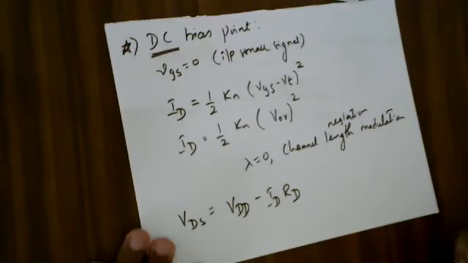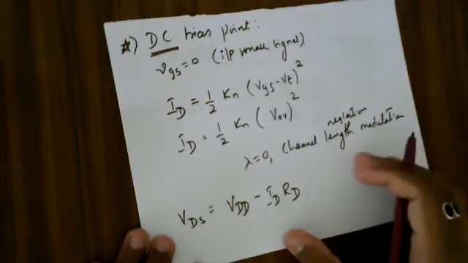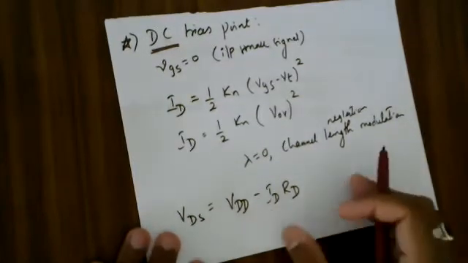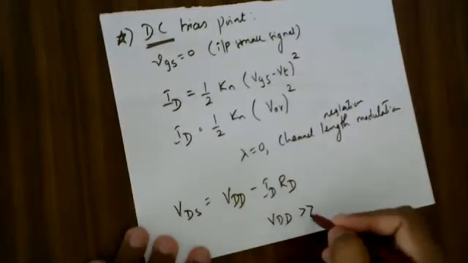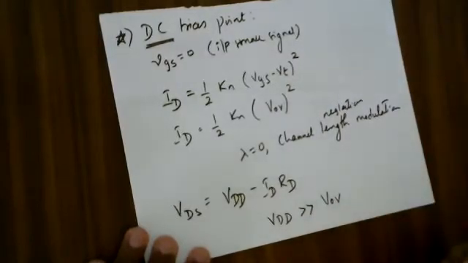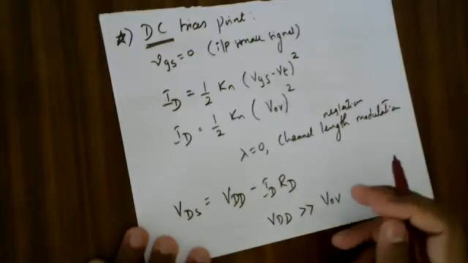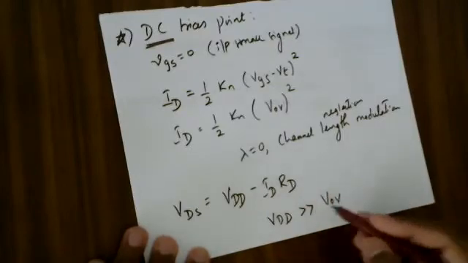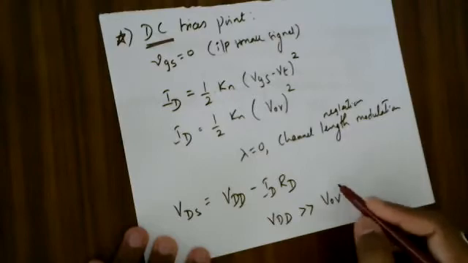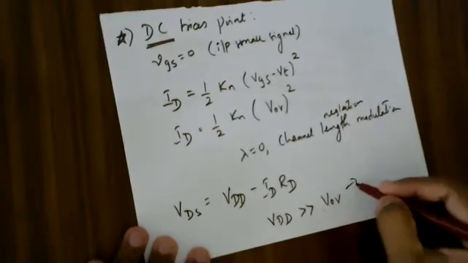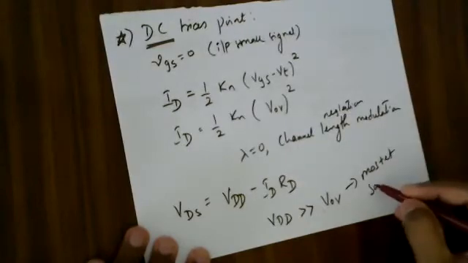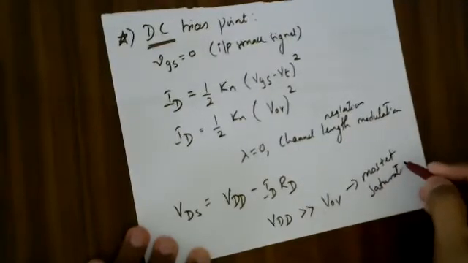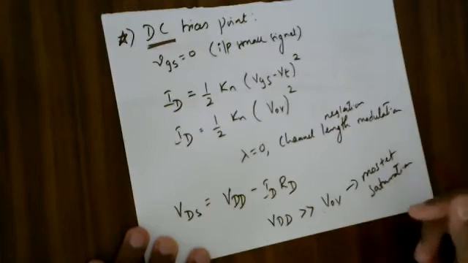Now, what I need to make sure over here is that my VDD has to be much greater than VOV. Why so? If my VDD is much greater than VOV, it means my MOSFET is in saturation, and now it is ready to amplify my input signal.